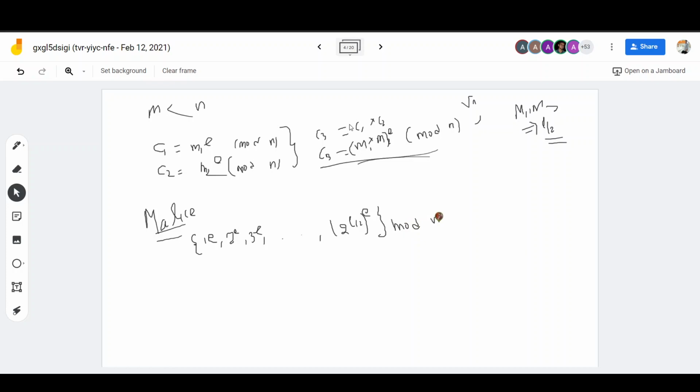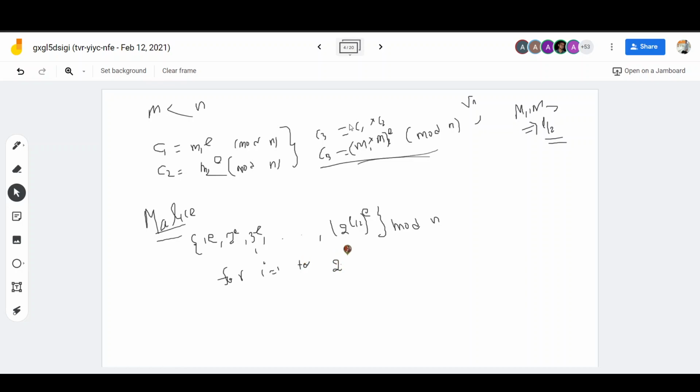I can generate all the values. I just run a for loop from i equal to 1 to 2 to the power L by 2.